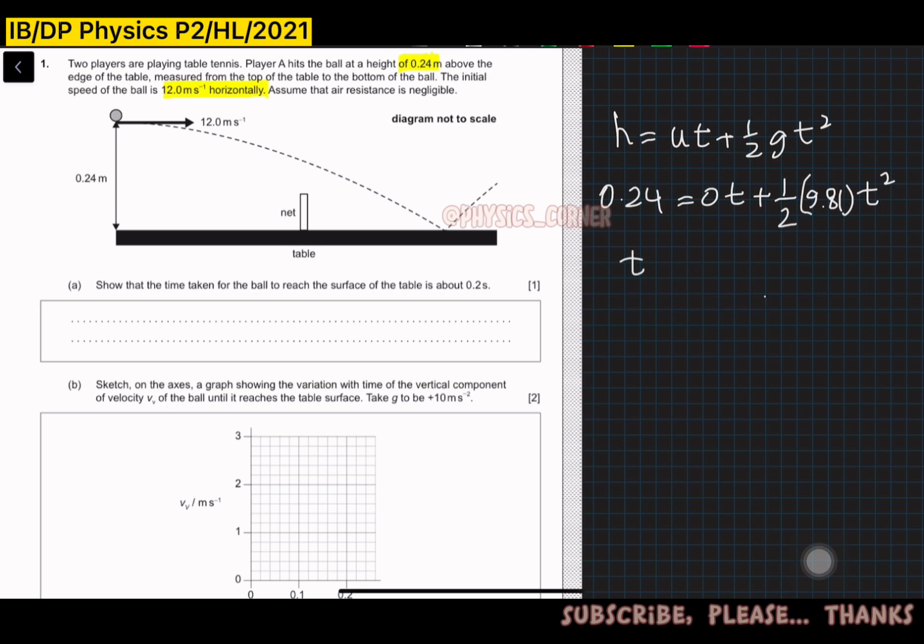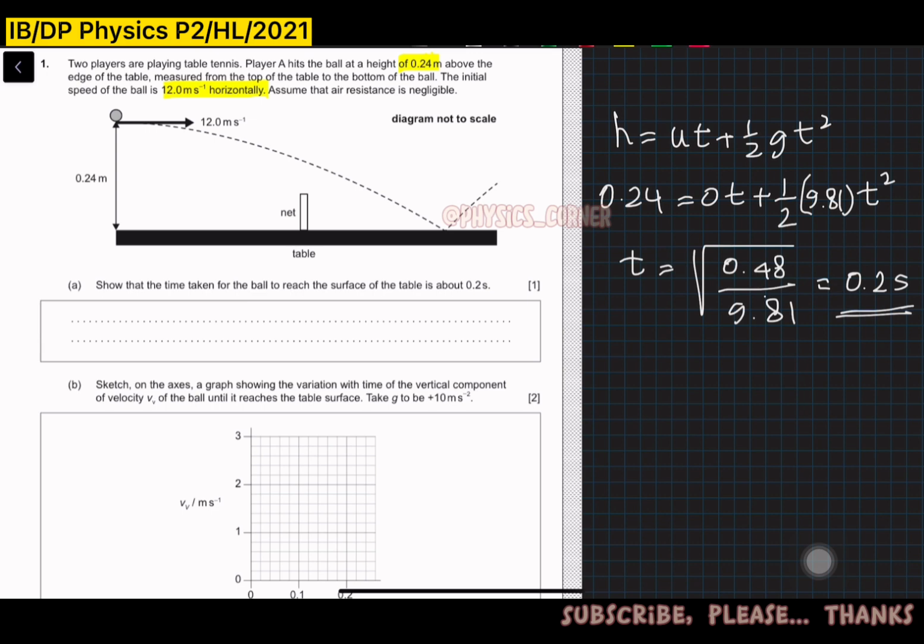So t equals root of 2 times 0.24, which is 0.48, divided by 9.81. Maybe this is about 0.2 second. That's it.